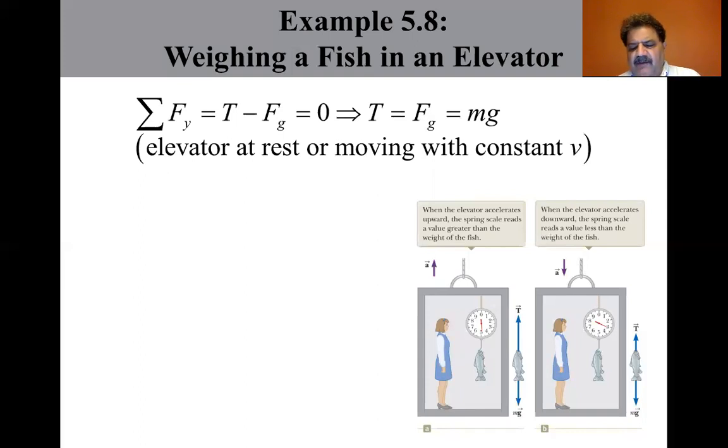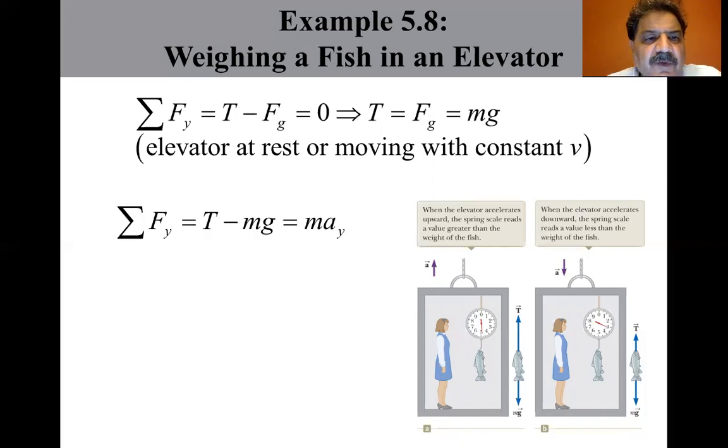Now suppose that the elevator is moving with an acceleration a relative to an observer standing outside the elevator in an inertial frame. The fish is now a particle under a net force. Apply Newton's second law to the fish. The sum of the forces in the y direction equals T minus mg equals mass times the acceleration in the y direction.